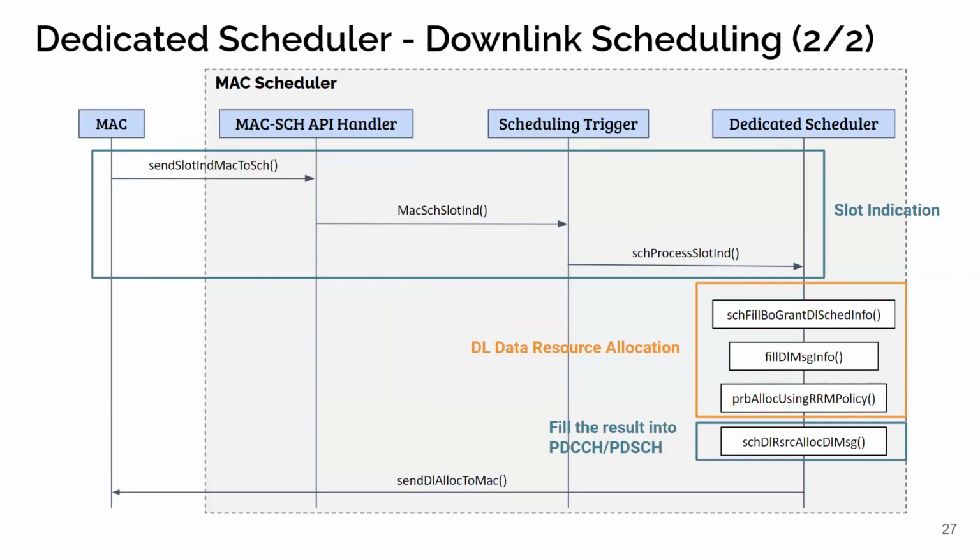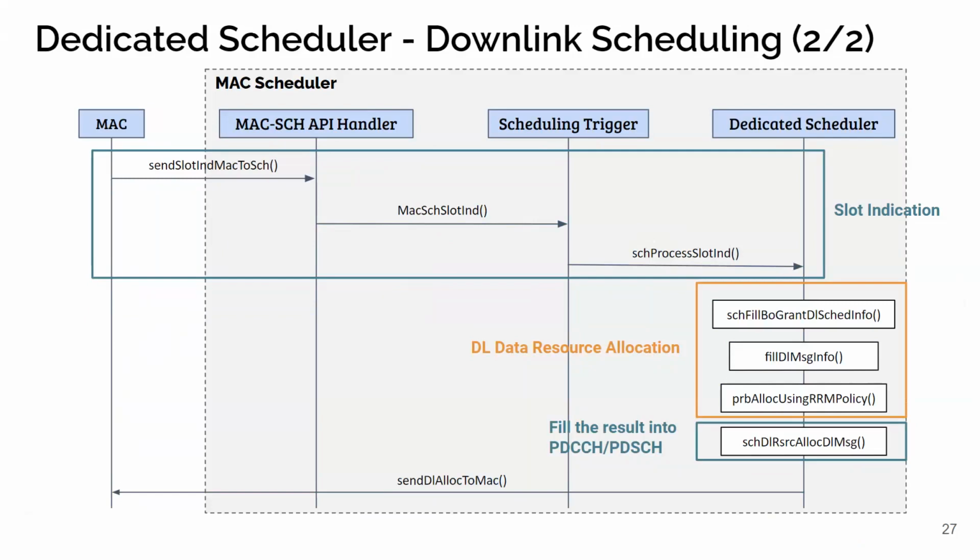In your case, the slot indication is transmitted every 1 millisecond, right? It depends on the numerology, but yes, every TTI. In your case, every TTI, do you schedule only one UE or multiple UEs? Multiple UEs.